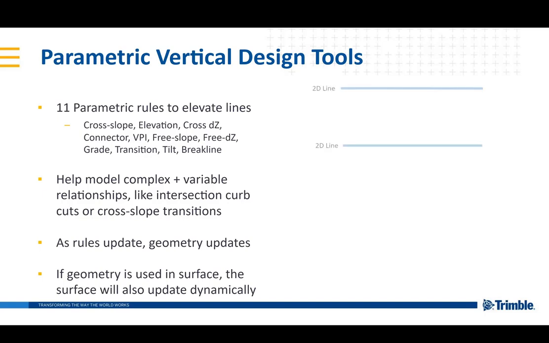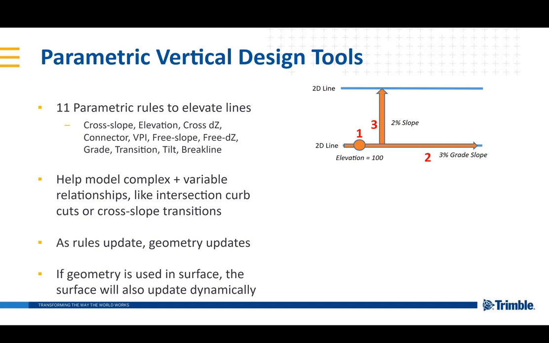I've got a good example here to talk through with you. We've got two 2D lines there, as you can see. I'm going to say a first rule on that bottom 2D line is elevate that to 100. So that line is now elevated to 100. And hey, throw a 3% positive grade slope on that line. And then give me a 2% cross slope to the 2D line.